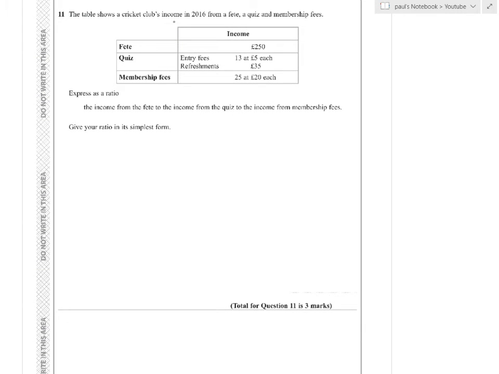The table shows a cricket club's income from 2016 from a fete, a quiz and a membership fee. Express as a ratio the income from the fete to the income from the quiz to the income from the membership. So let's have a look. The fete is equal to 250.